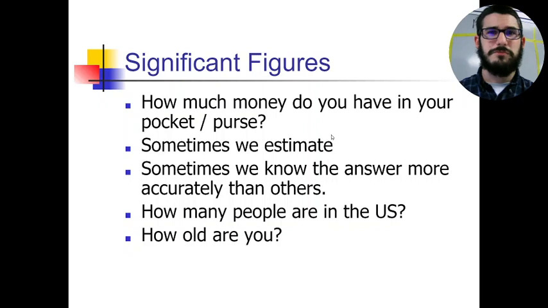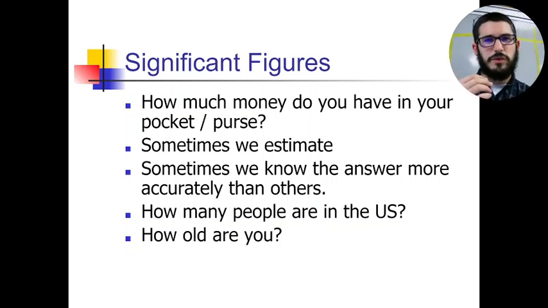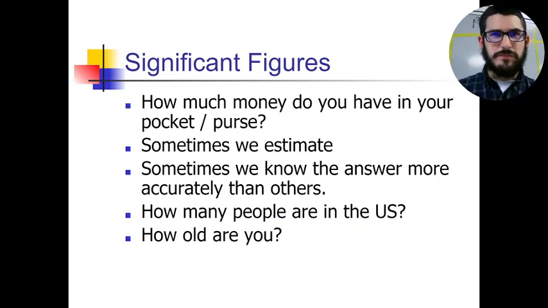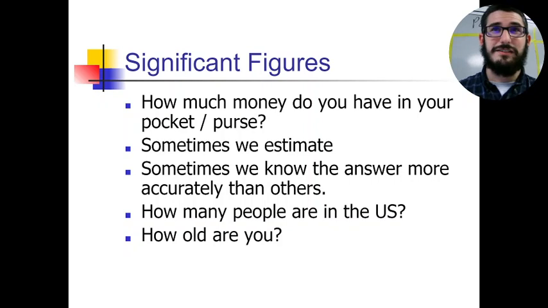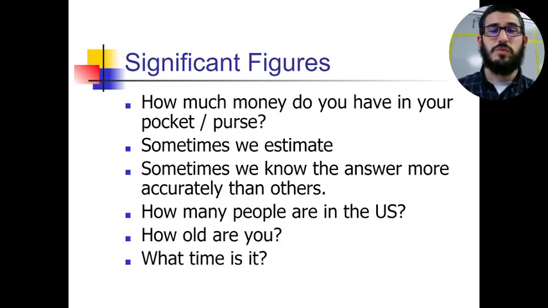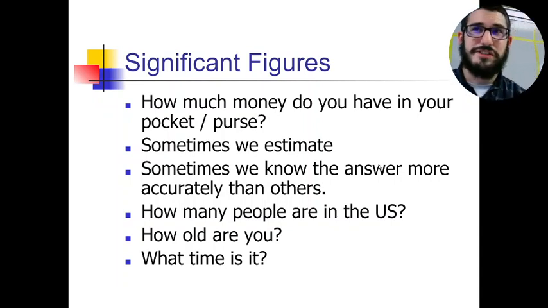How old are you? We can know that really confidently because we know exactly when you were born and we can figure that out. So there are different problems that might require a different level of precision. And then what time is it? Well, we can check the clock, and clocks measure really detailed, really precise measurements of time.